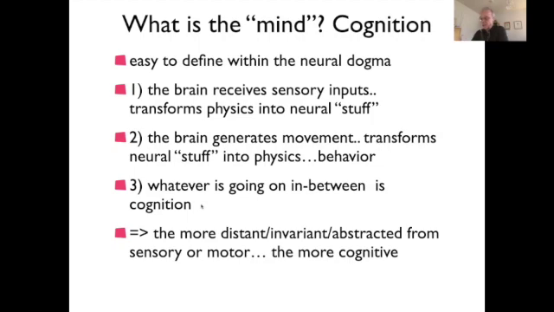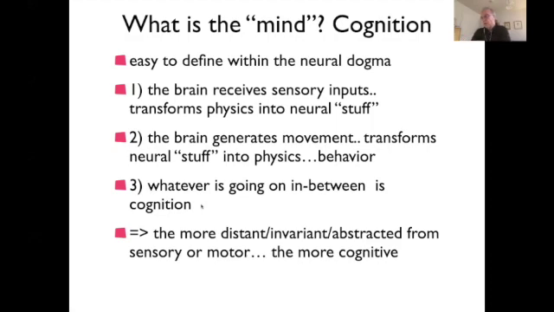Just as you, for instance, may have a perception of an object and it doesn't depend exactly on its illumination, which changes the retinal image. Or if you abstract from something in some way, you can, for instance, look at numbers and think about numbers without really referring to the particular way in which they are represented graphically. So the more distant, the more cognitive.